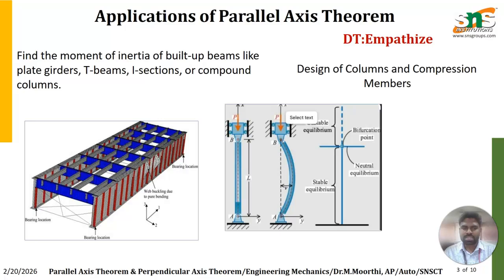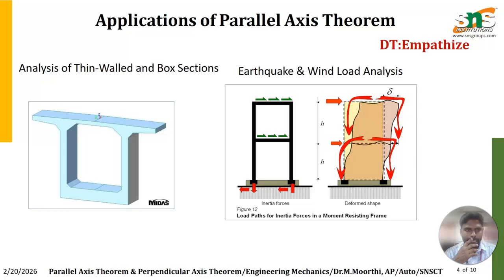By considering these factors, we can easily find the width and length of the columns. In the first diagram, we see beams supported by columns, and what the impact is, which we can call buckling, we can easily find with the help of the parallel axis theorem. Another application is the analysis of thin-walled and box sections.